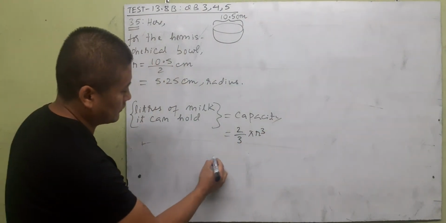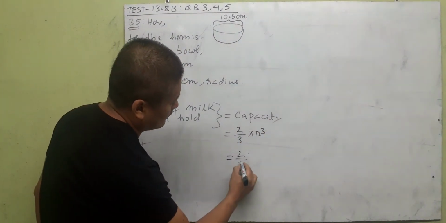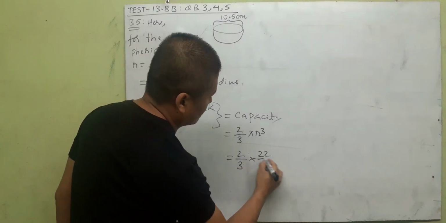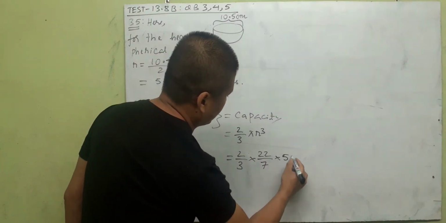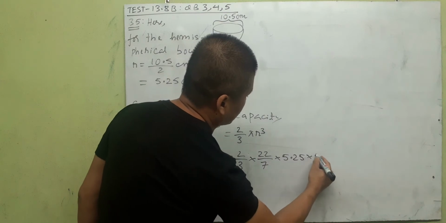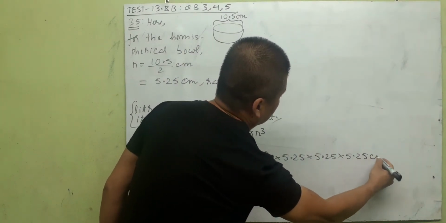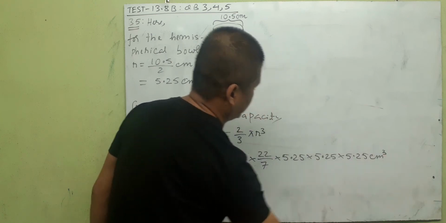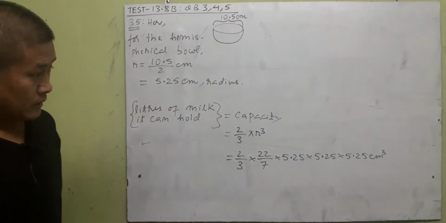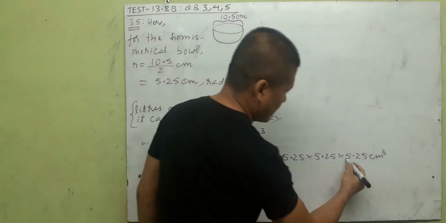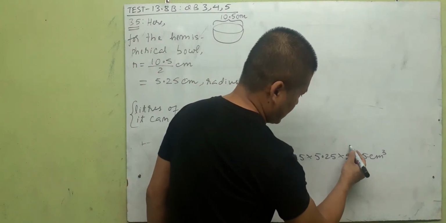So now that gives you 2 by 3 into 22 by 7, r is 5.25, so 3 times 5.25 centimeter cube, as you can see here. So 7 ones are 7, 5 is less than 7, so 0.